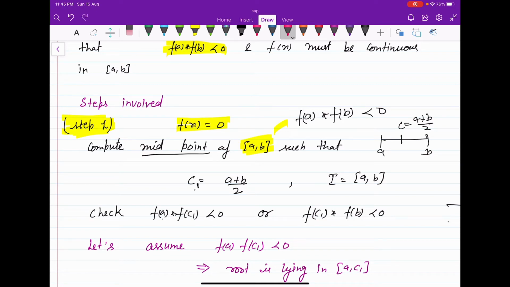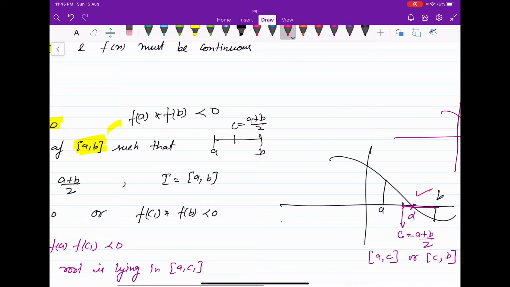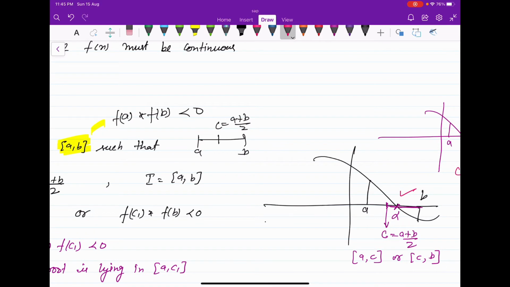Now we will check whether f(c1) is less than 0. If c is lying here, then f(a) is positive, f(c) is this point, and f(b) is negative. So in this case, f(c) times f(b) is less than 0.